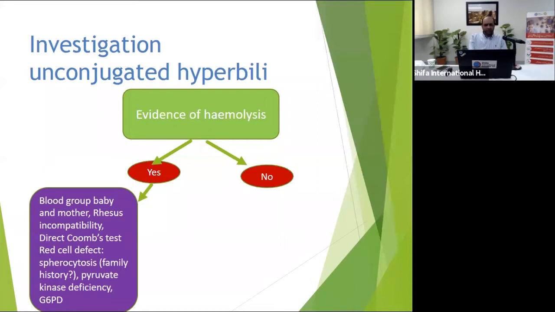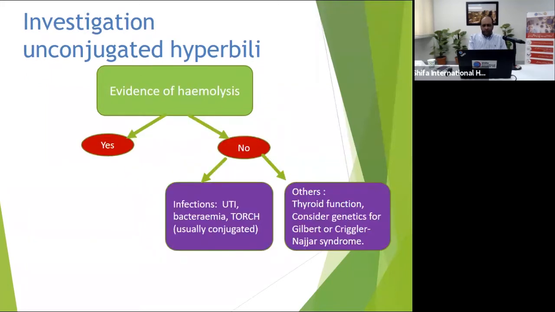You will also keep in your mind that sometimes red cell membrane defects or enzyme defects could also be the reason of a disproportionate or very high level in the absence of a positive test showing RH or ABO incompatibility. So if there is no evidence of hemolysis, then what will you do?